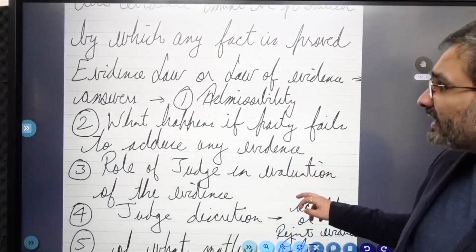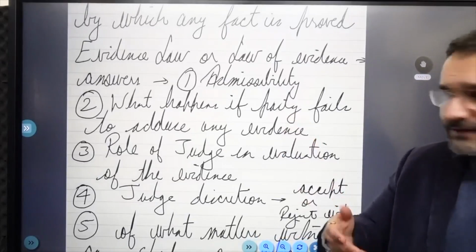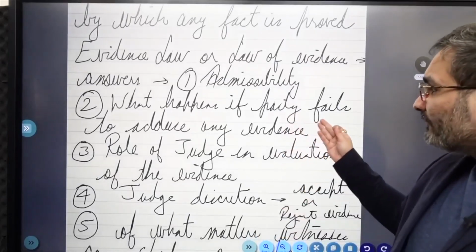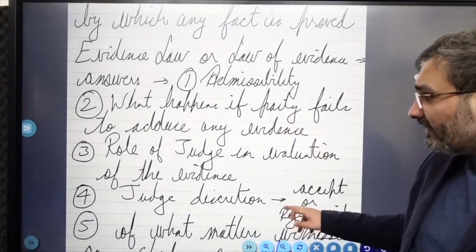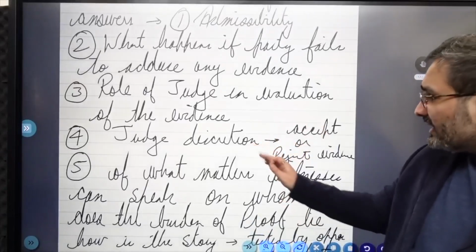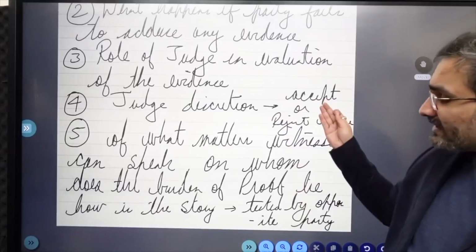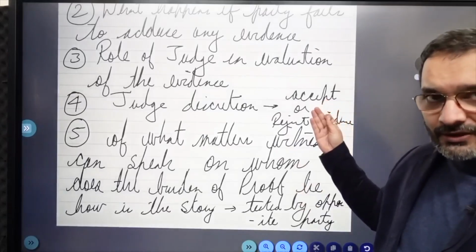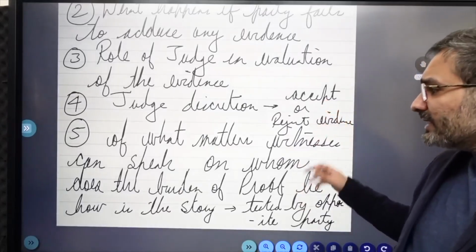Evidence law answers admissibility, like I've told you. What happens if party fails to adduce any evidence? Role of judge in evaluation of the evidence. The judge's discretion, either you accept that evidence, that you allow it to enter your court, or you allow it to be rejected.